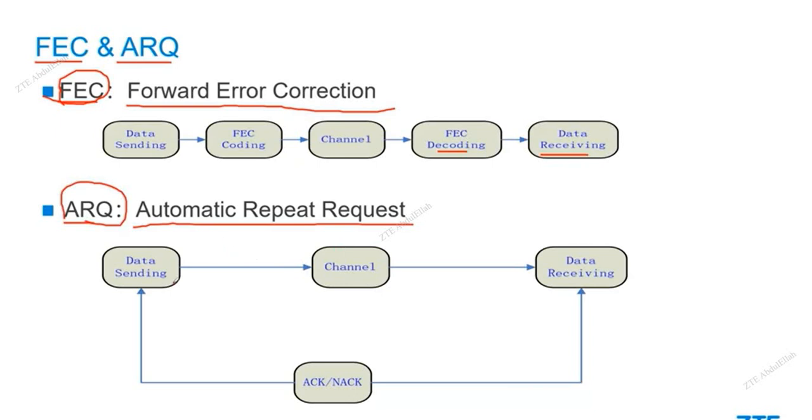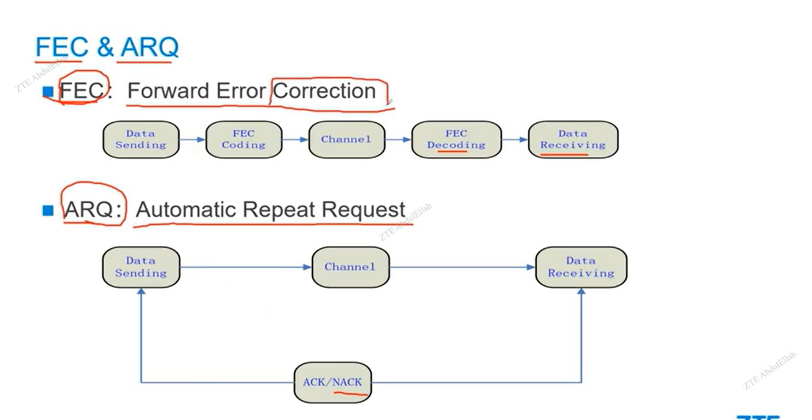If you send data to me, I check whether this data has errors or not. If no error, I will feedback ACK, meaning I received it. If it has errors, I will feedback NACK, non-acknowledge. So this technology cannot correct errors, but it can feedback. The other technology can correct errors, but cannot feedback.